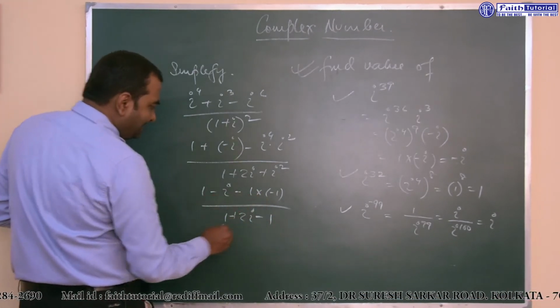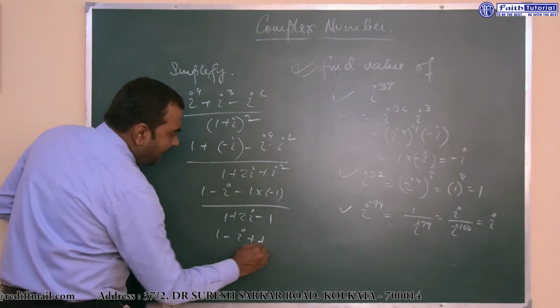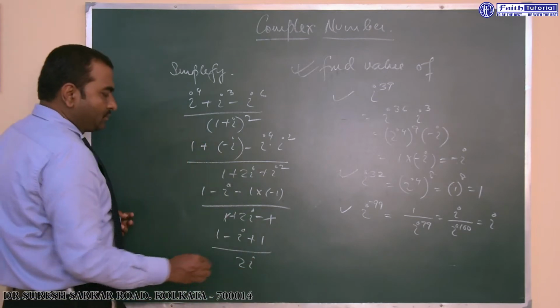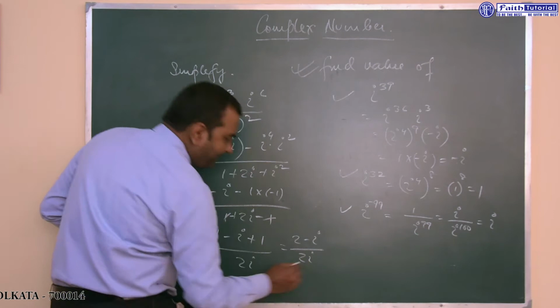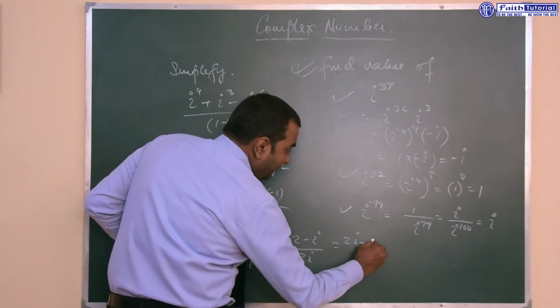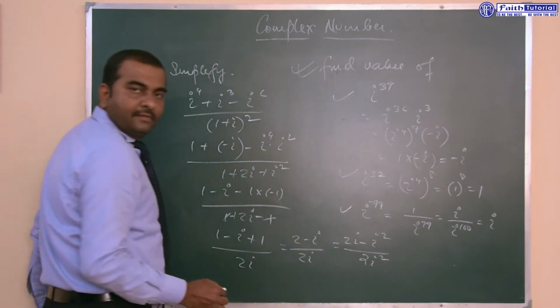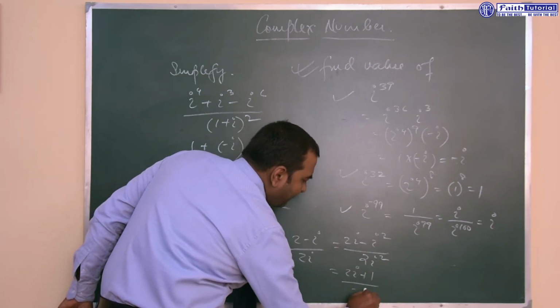So we have 1 minus i plus i divided by 2i. So we have 2 minus i divided by 2i, or we can write it as 2i minus i square divided by 2i square. So that's 2i plus 1 divided by minus 2.